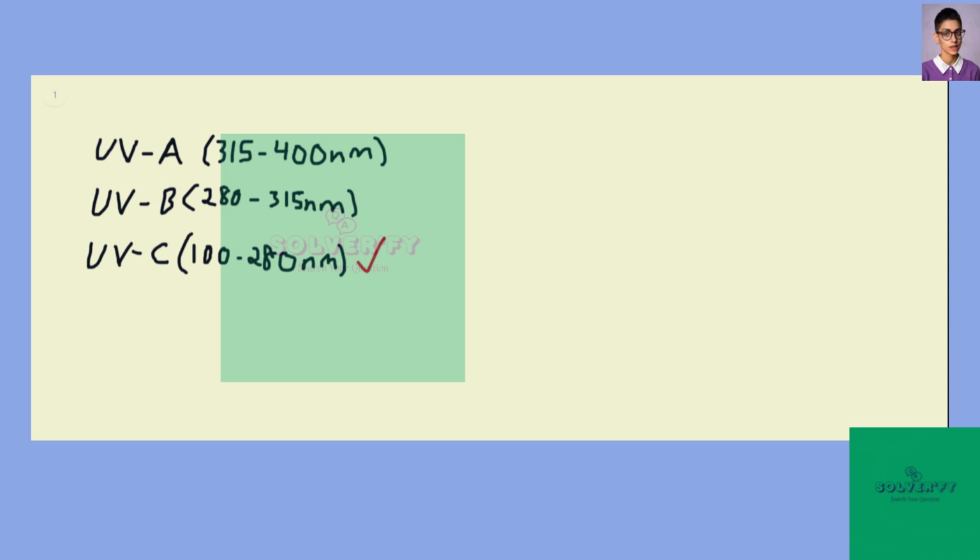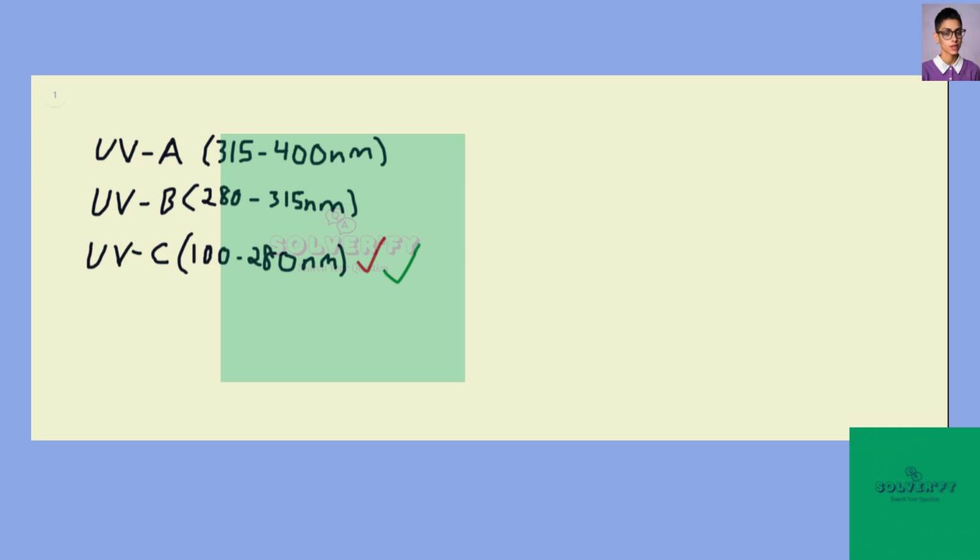So in the absence of ozone, which of these three regions, if any, are absorbed by the atmosphere? N2 and O2 and even atomic oxygen absorb photons having wavelengths shorter than 240 nanometers. So anything lower than 240, those atoms can deal with.